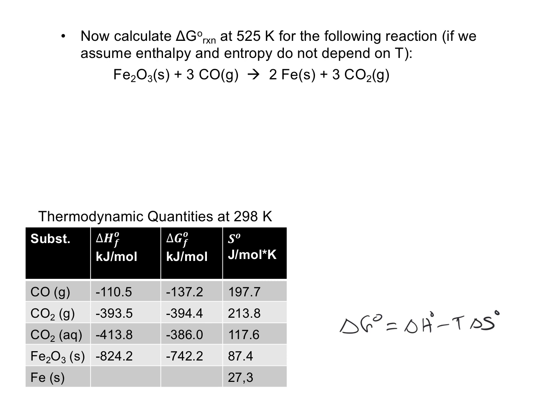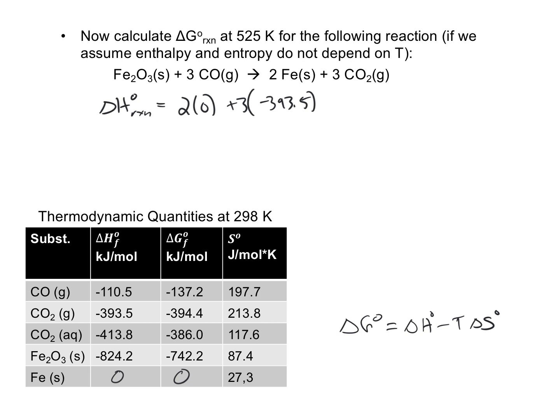And this works just like we did previously for delta G. So it's going to be the products minus the reactants. And again, the free energy of formation of an element in its standard state is 0. So the delta H for this reaction is going to be 2 times 0, plus 3 carbon dioxides, so that's negative 393.5.